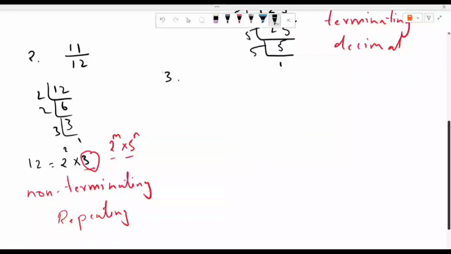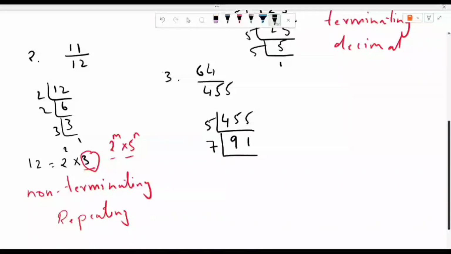Next, see the third question. The third question is 64 divided by 455. Take the prime factorization of the denominator 455. Start with 5: 5 nines are 45 and 5 ones are 5, giving 91. Then 91 goes with 7: 7 ones are 7, 7 threes are 21, giving 13. 13 is a prime number, so 13 ones are 13.